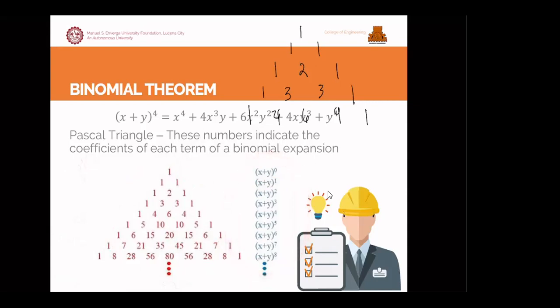So, halimbawa ito, x plus y squared, no? So, yung pinakasimple na lang tayo. So, pag in-expand natin yan, that will be x squared plus 2xy plus y squared. So, ang coefficient natin is 1, 2, and 1. So, pag tinignan nyo dito, yung katapat ng x plus y squared, we have 1, 2, and 1, which is the same as dito na 1, 2, and 1. Okay?